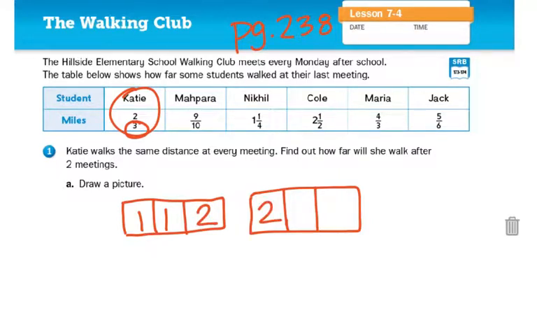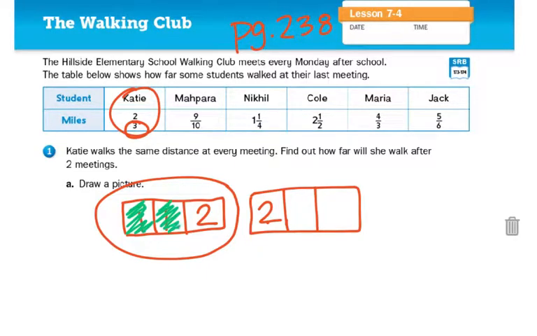So each one of these would represent 1 whole mile and 1/3 of another. I could have shaded it in too and said on day 1 she walked this much, and on day 2 she walked 1/3, 2/3. So after 2 days she would have walked 1 and 1/3 miles.